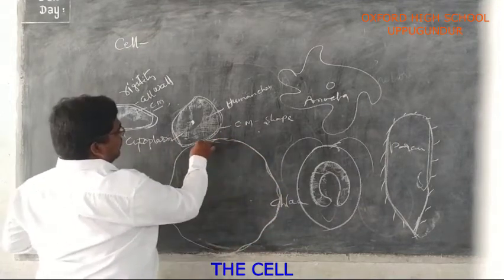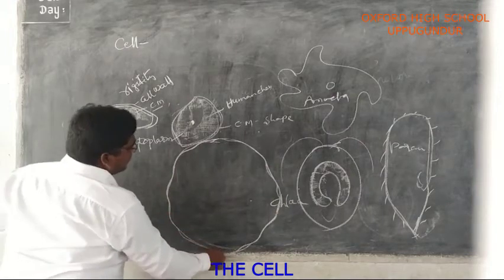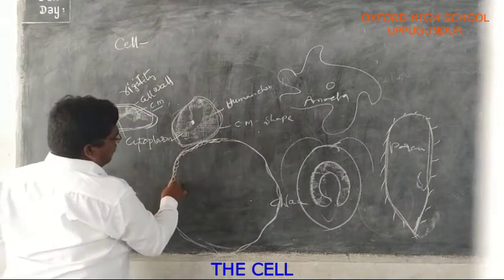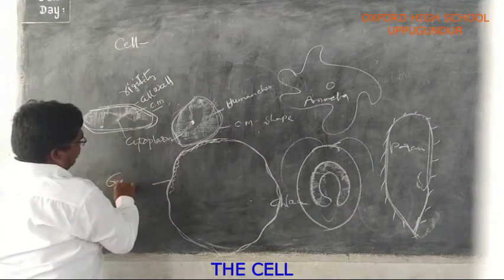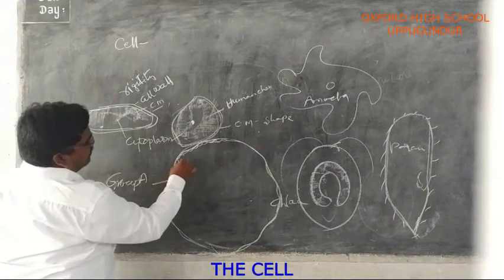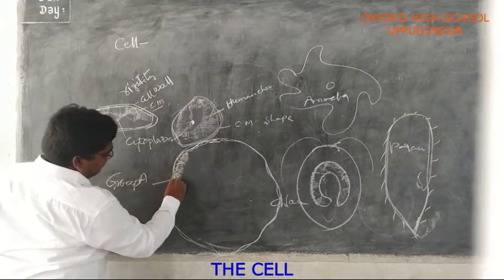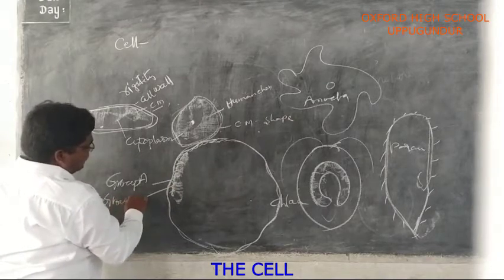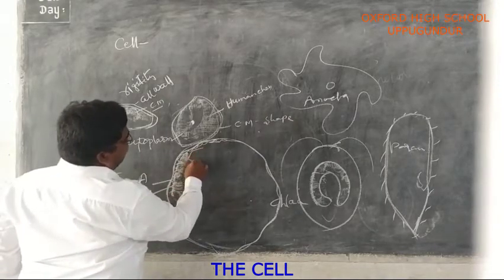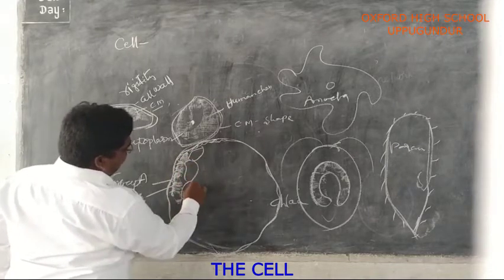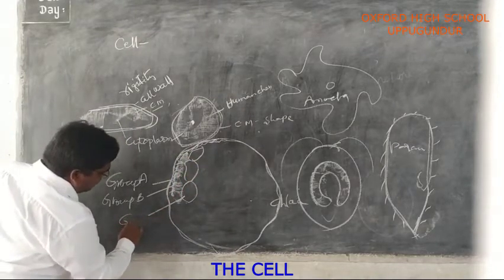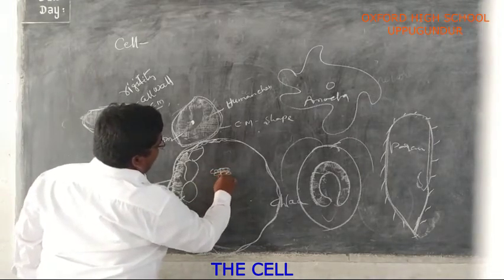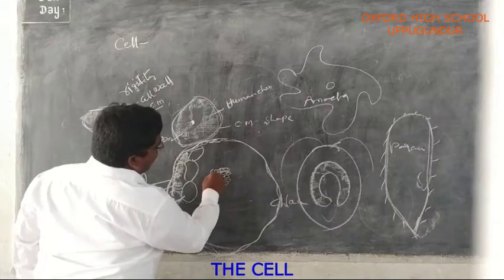The leaf part is made up of 4 types of cells. The outer part is made up of group A cells, the second part is made up of group B cells, the third one is made up of group C cells, and the last one is made up of group D cells.